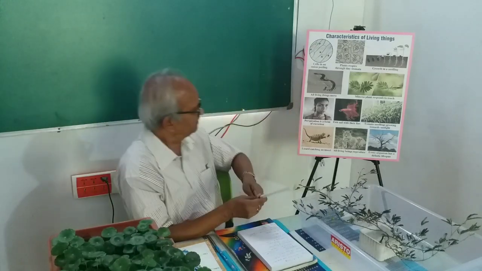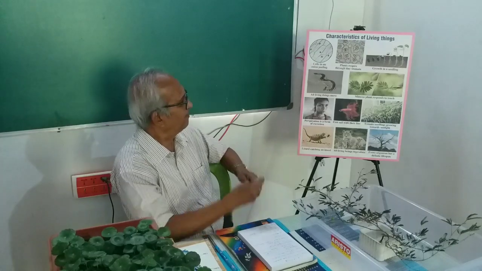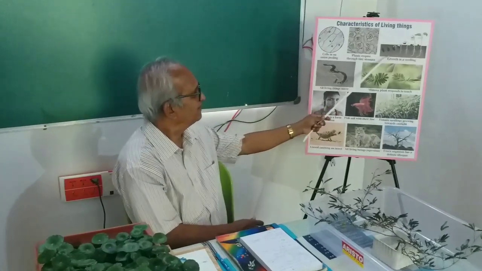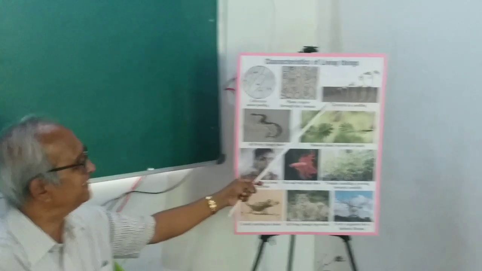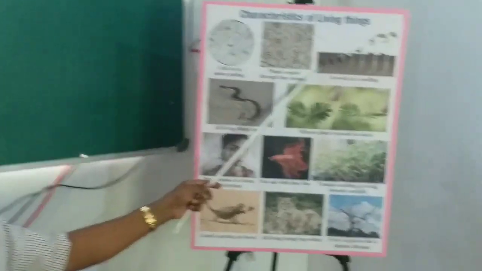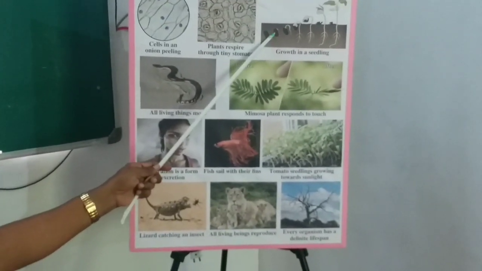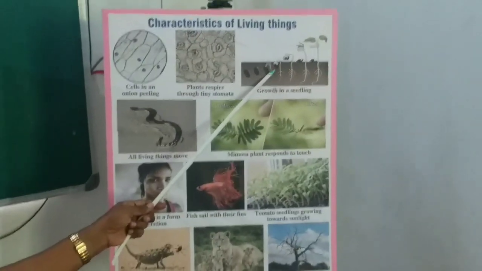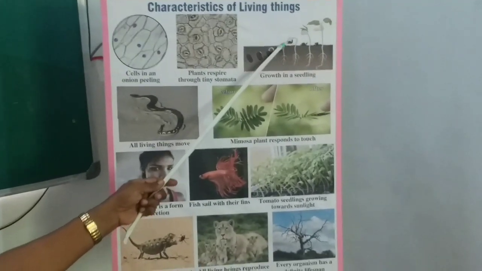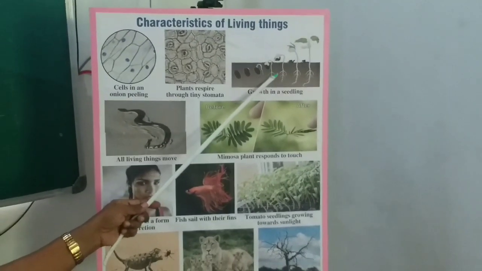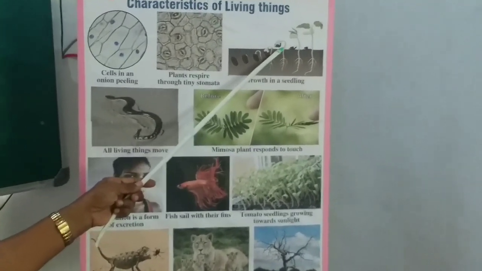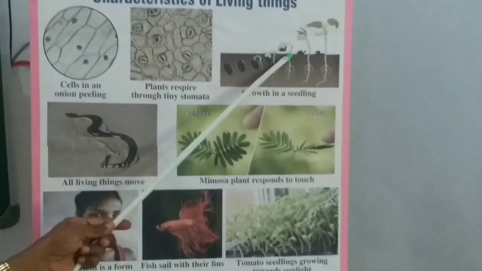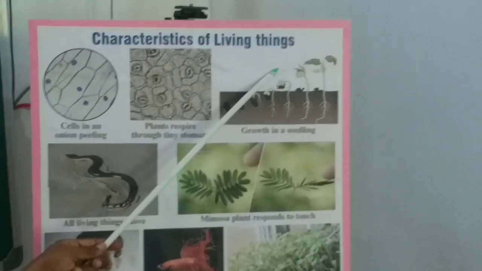We have the example given here of the plants. A plant, a seedling. Here, the seed is germinating. The seed coat comes out. The cotyledons are there. The shoot system comes out of the soil.